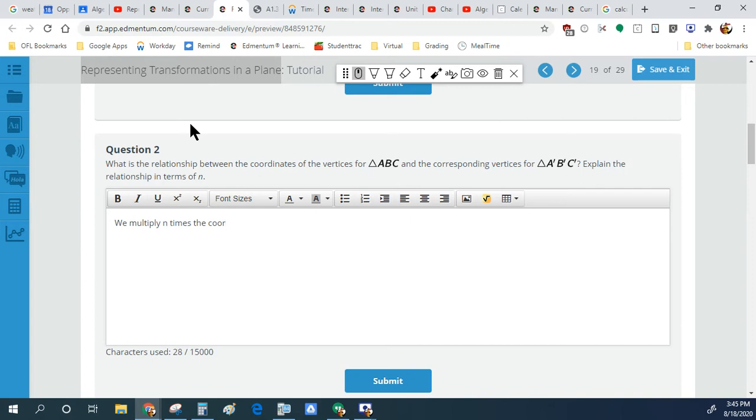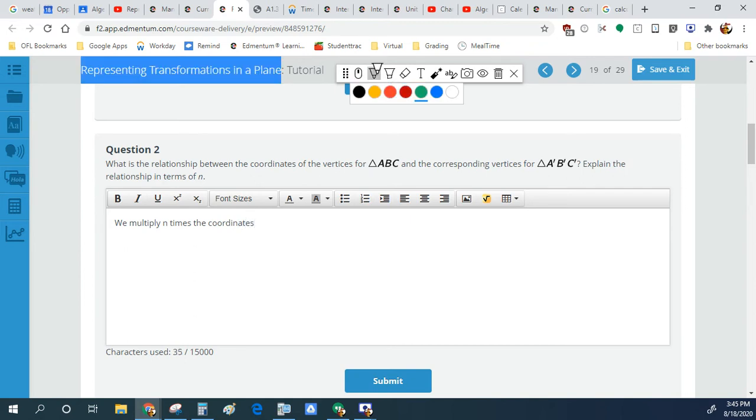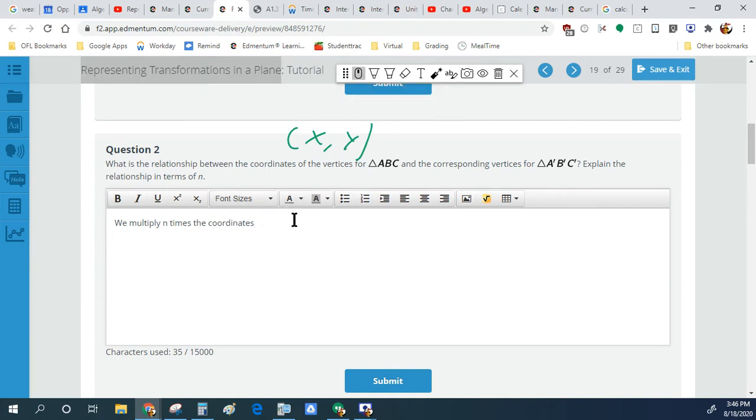By coordinates, I'm referring to the x, comma y. My x coordinate, my y coordinate. So we're multiplying it by the coordinates to get the new image.